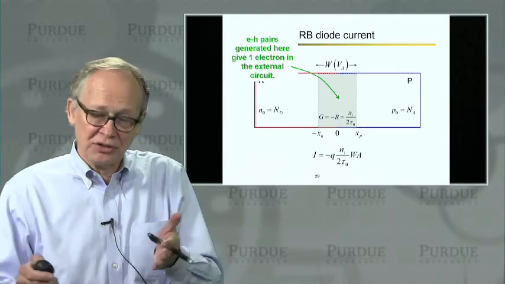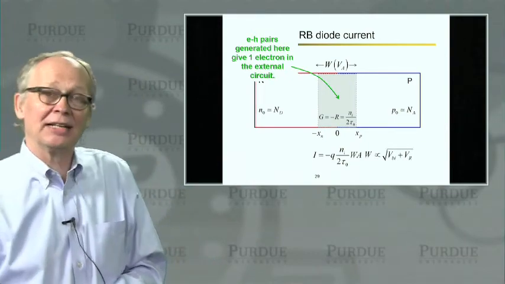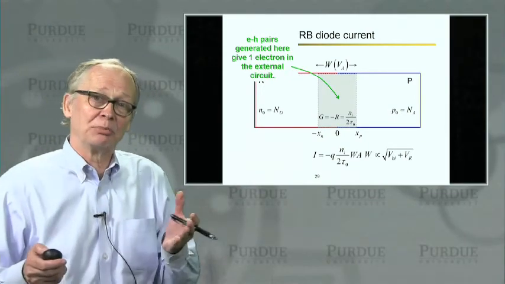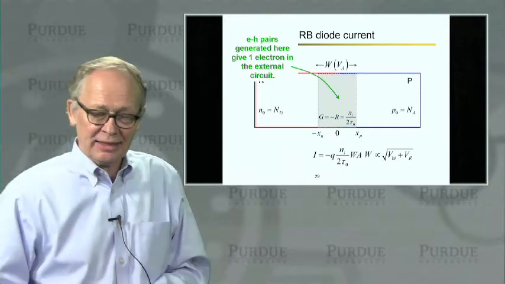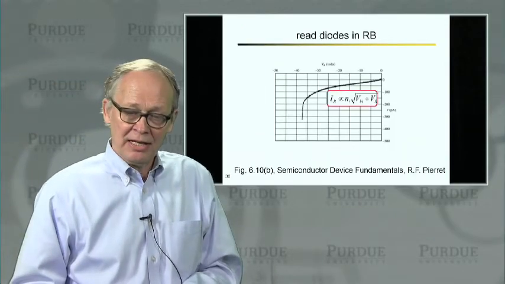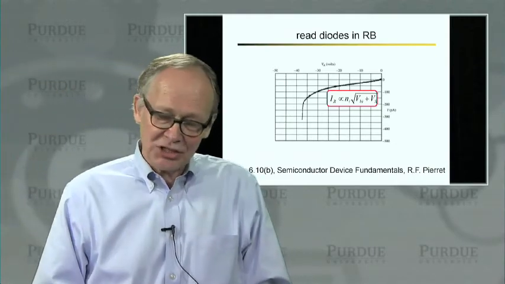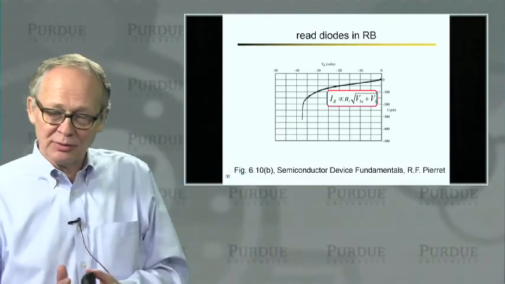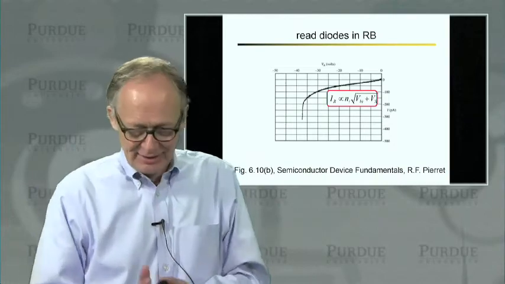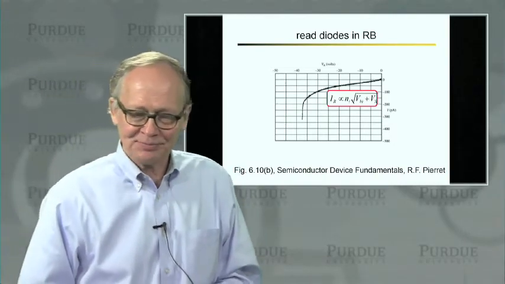That's the width of the transition region, and we can calculate that with depletion approximation electrostatics. It goes as the square root of voltage. So that explains why the reverse bias current doesn't saturate, why it goes as the square root of voltage. It's because the depletion region is increasing.